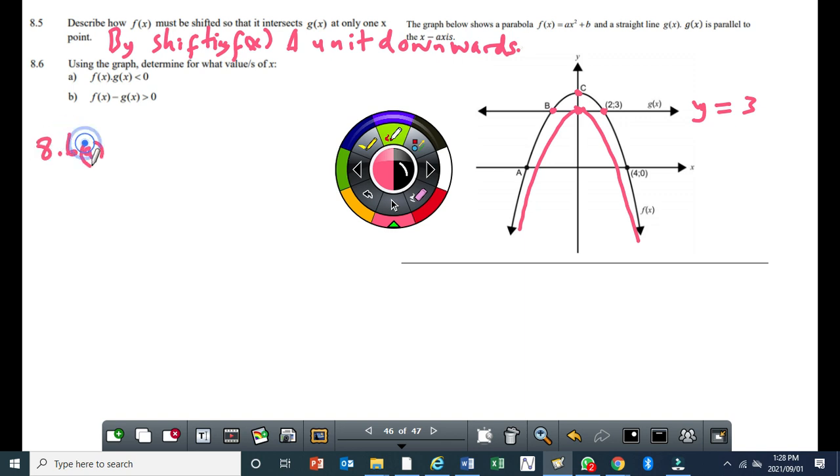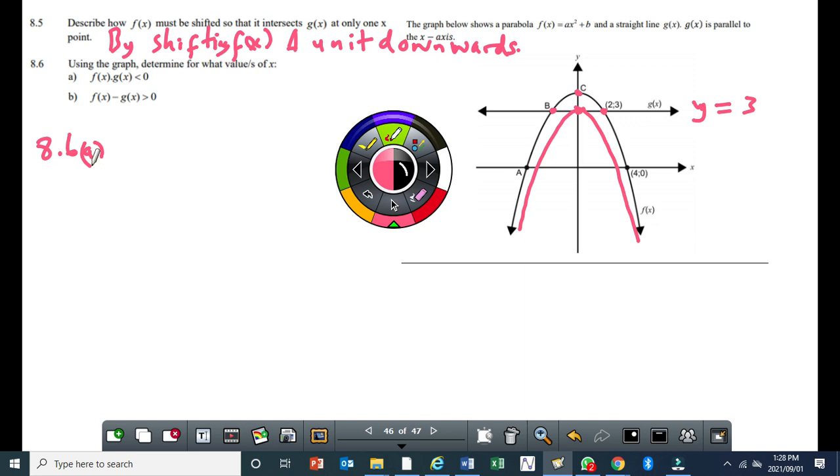8.6a. Use the graph and determine for what values of x is f of x times g of x less than 0. Right? So we want f of x times g of x to be less than 0.